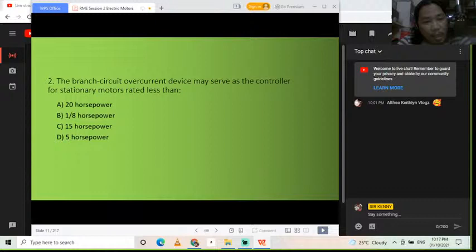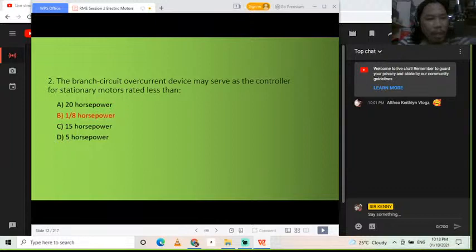The branch circuit overcurrent device may serve as the controller for stationary motors rated less than blank. A, 20 horsepower, B, 1/8 horsepower, C, 15 horsepower, or D, 5 horsepower. So, correct answer po natin dyan ay B, 1/8 horsepower.